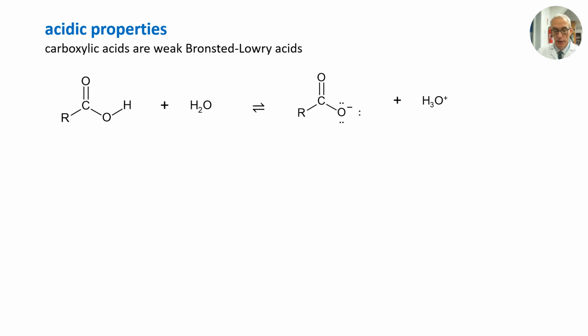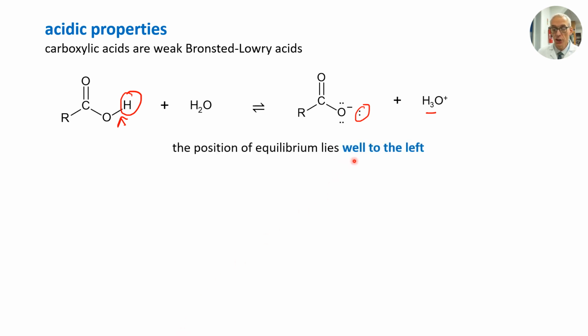The electrons that were in the bond here, of course, now appear as a lone pair here. The proton, the acidic hydrogen within the carboxylic acid, ends up being datively covalently bonded to the water molecule to form the hydronium ion.